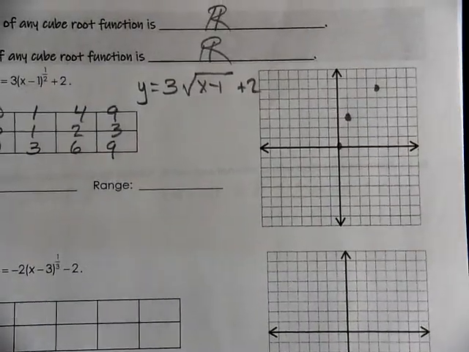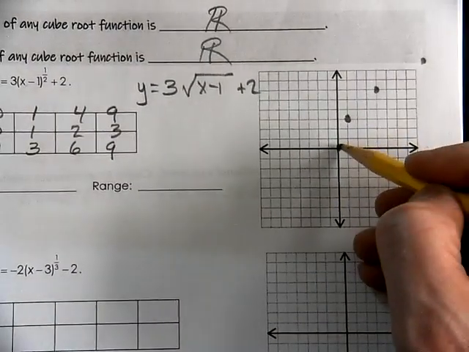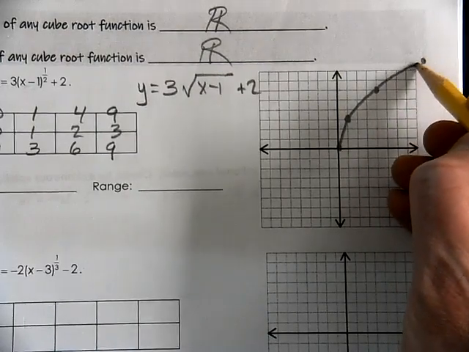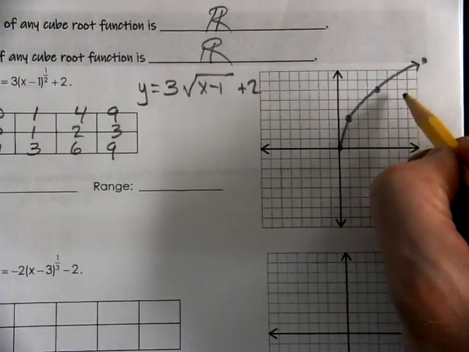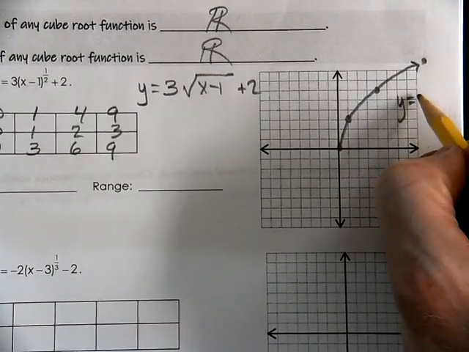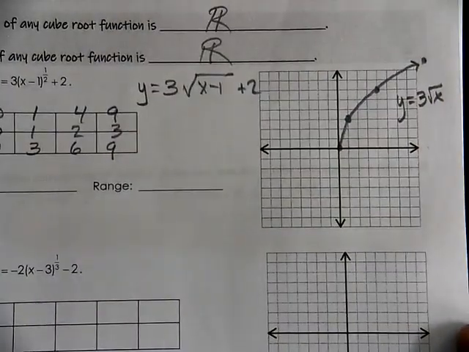It's up 3 times as much as usual. And then 9, 9. And that's going to be y equals 3 square root x.